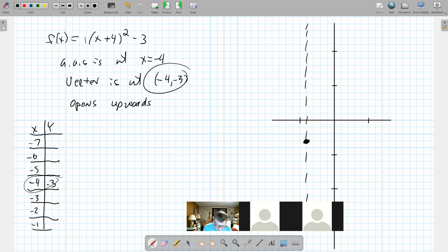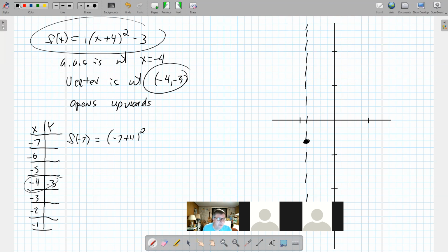All right, so now let's find the rest of the graph. If x is negative 7, I'm using this expression right here. So f of negative 7 is going to be (negative 7 plus 4) squared, minus 3. Slow down, slow down.